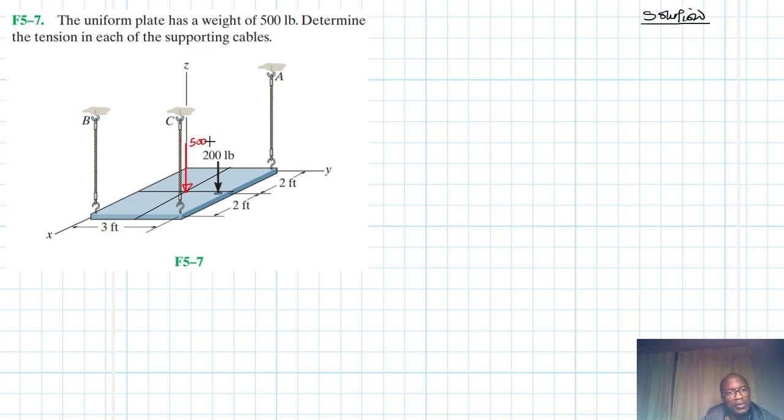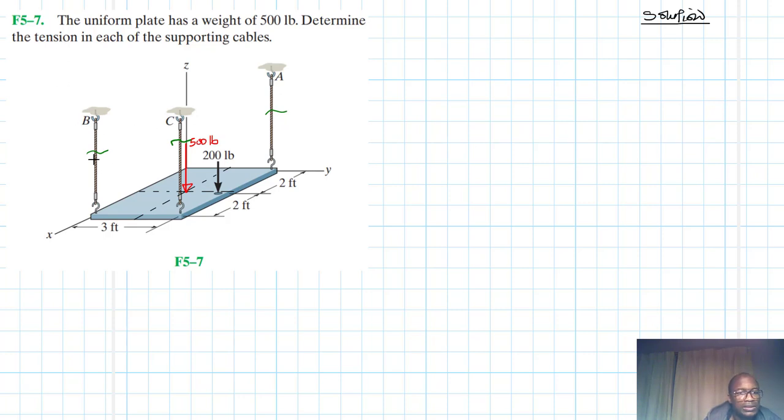Okay, so once we have that, let me create some dotted lines like so that this does not distract. Right, and then we are going to section these cables. We'll section there, there, and there.